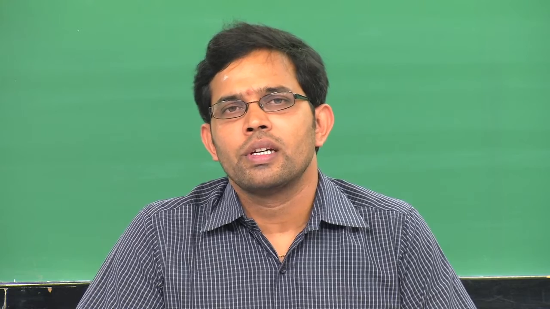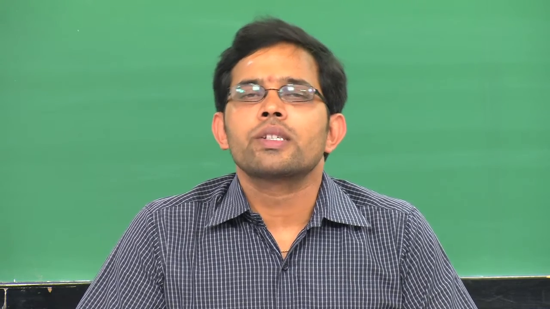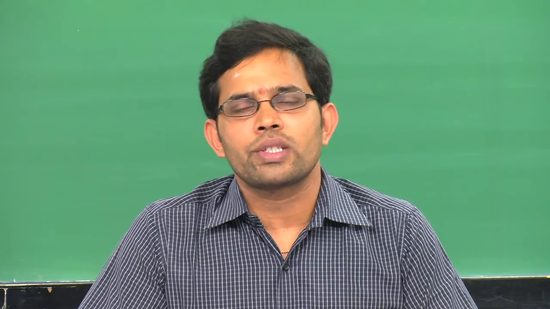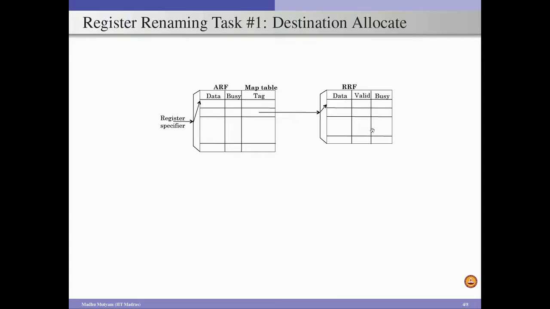So, if we rename our destination registers so that no two instructions in our program use the same rename register, then we are fine, and that is the idea we are going to use. We effectively rename all the destination registers in our instructions.